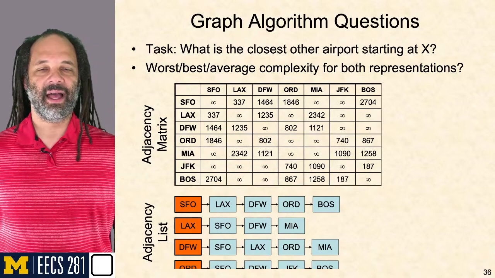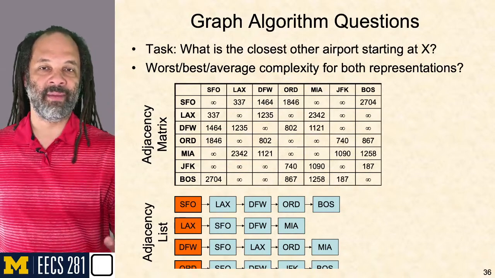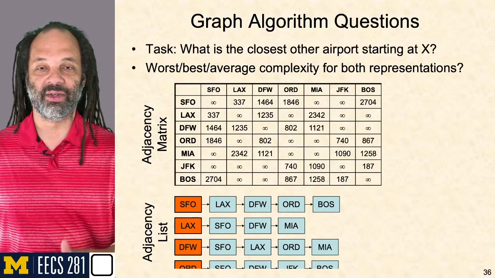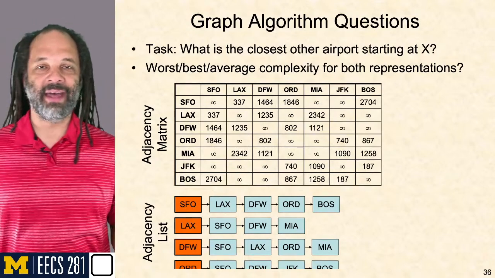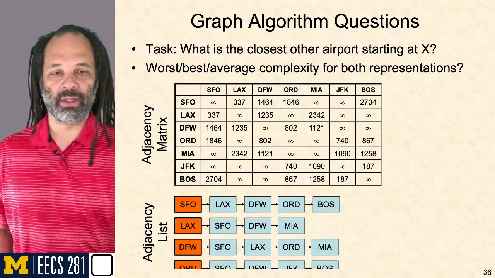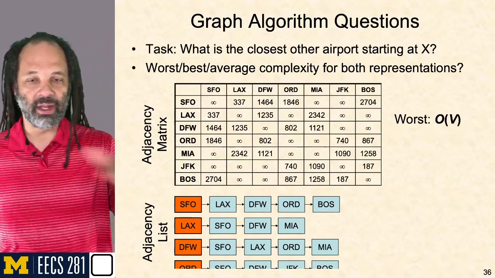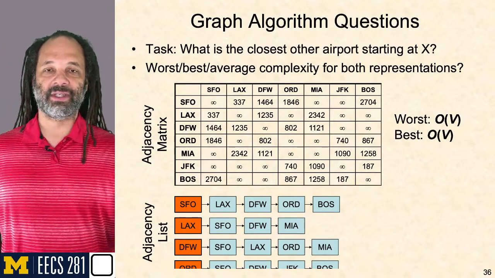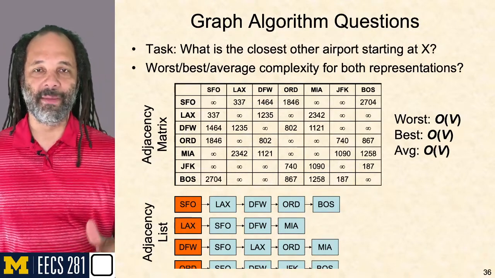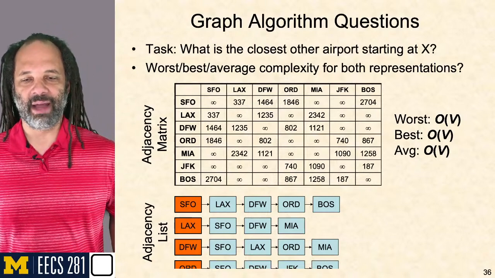And I can't look at one of them and say, well, that's the shortest. I won't know until I get to the end of that row which one of those is the shortest, which is why my worst case is looking through all of them, and my best case is also looking through all of them, and the average case shows up somewhere in the middle. So big O of V there for that one.